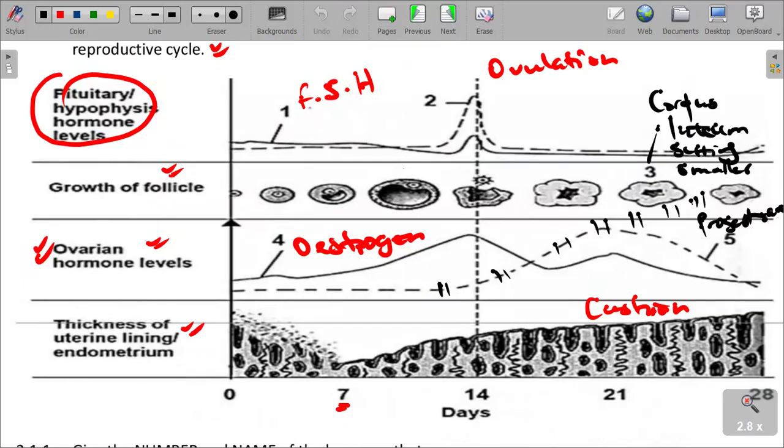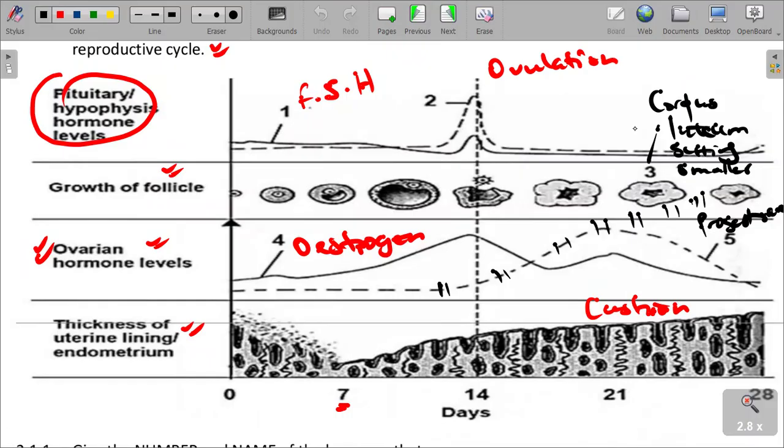And then if we look at this again, the follicle stimulating hormone from day 28 starts to increase again. When a person is pregnant, follicle stimulating hormone secretion is stopped, cut off.